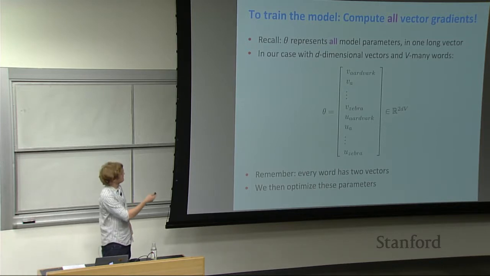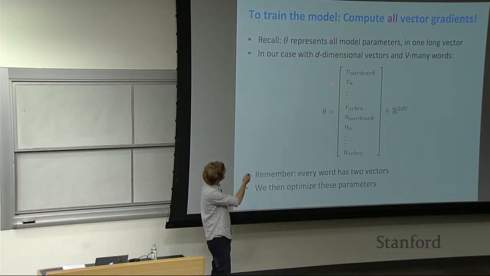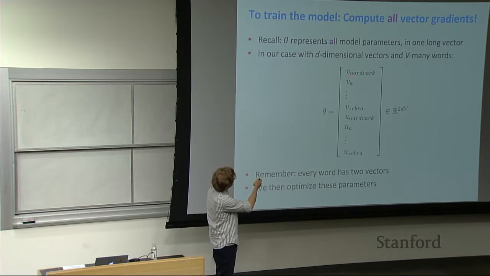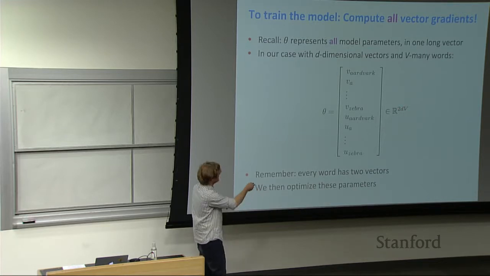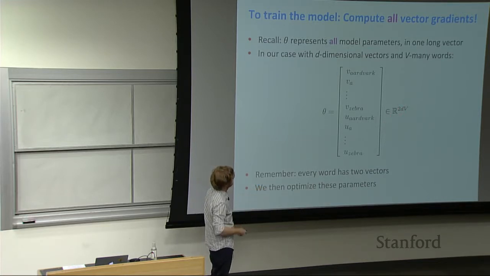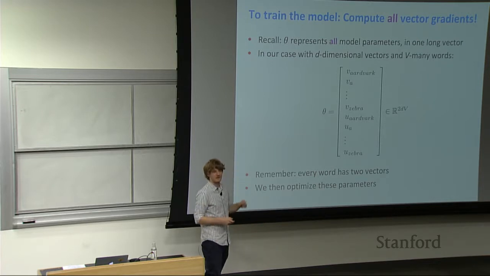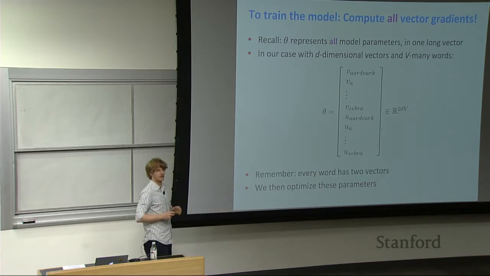We can sort them any way we want as long as it's consistent. But here we have, for instance, all the v vectors first, for when a word is a center word, and then all the context words. In this case, we assume each vector is d-dimensional. We have V words, so it could be 100,000. And so we have 2 times d times V, and that's our gigantic theta vector of all the parameters of this model.